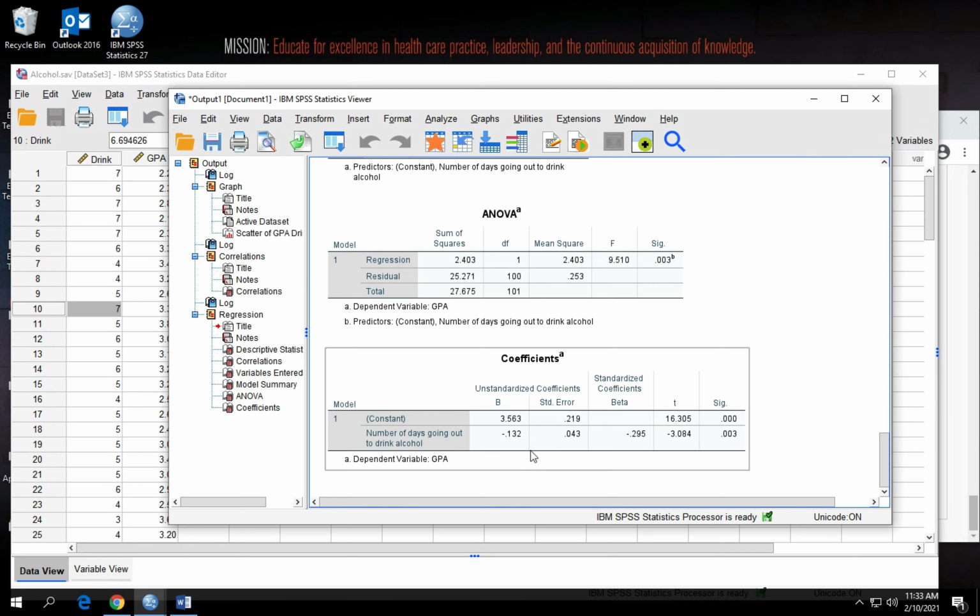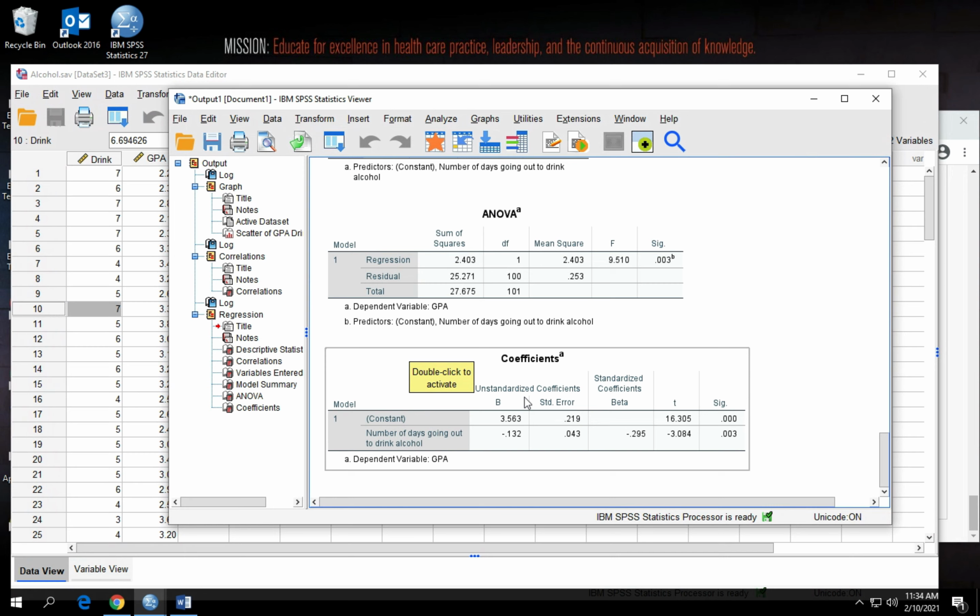The B values are our constants, and this is how we create our equation. Our equation is Y, which is our GPA, equals 3.563 plus negative 0.132 times the number of days going out to drink alcohol. That is our equation, and we can use it because it was a good predictor.